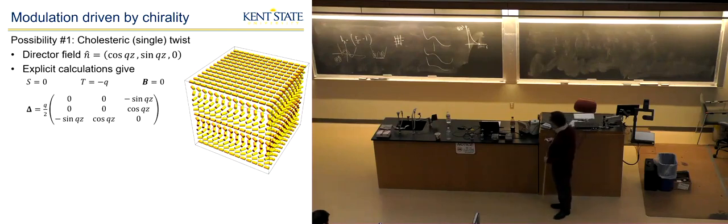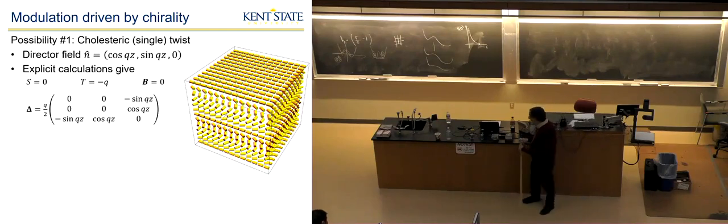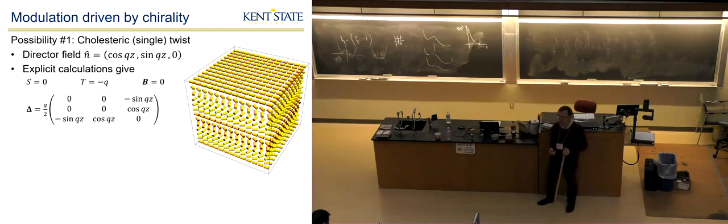Okay, I want to begin with the case that's driven by chirality, because that's the most common situation. Suppose that some chemist has made a liquid crystal out of chiral molecules. So the molecules really are different from their mirror images.